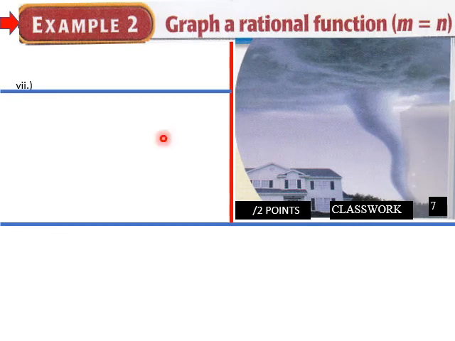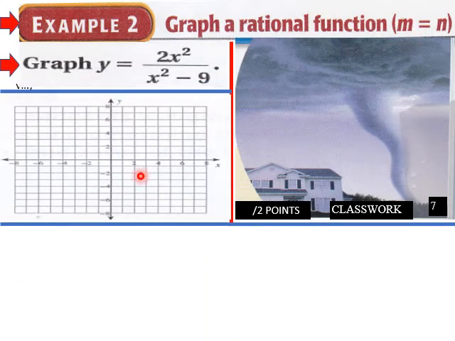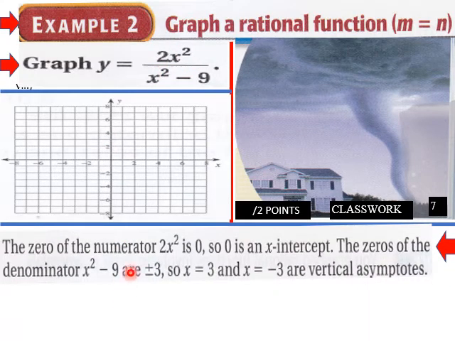Okay, example 2, graph a rational function where m equals n. So the degree of the numerator is the same as the denominator. The zero of the numerator, 2x squared, is 0, so 0 is an x-intercept. The zeros of the denominator, x squared minus 9, are plus or minus 3, so x equals 3 and x equals negative 3 are vertical asymptotes.